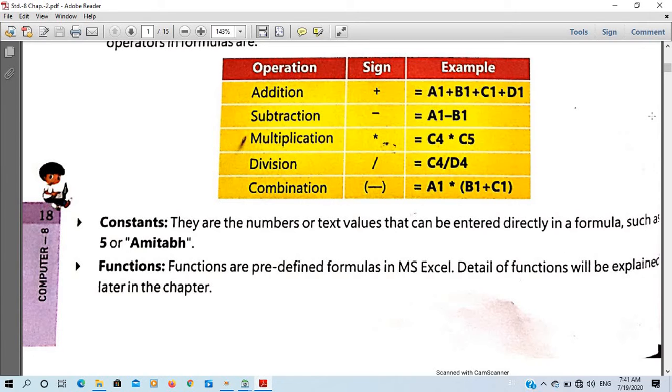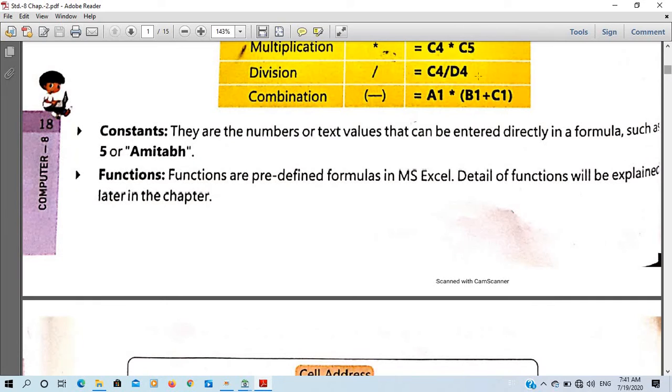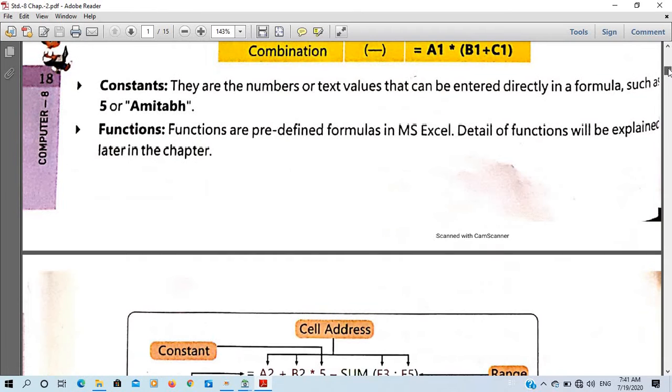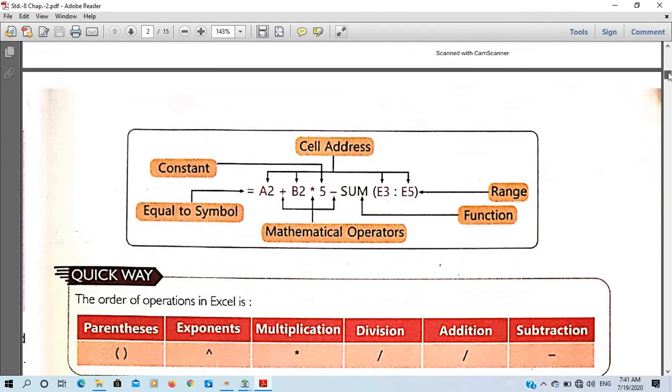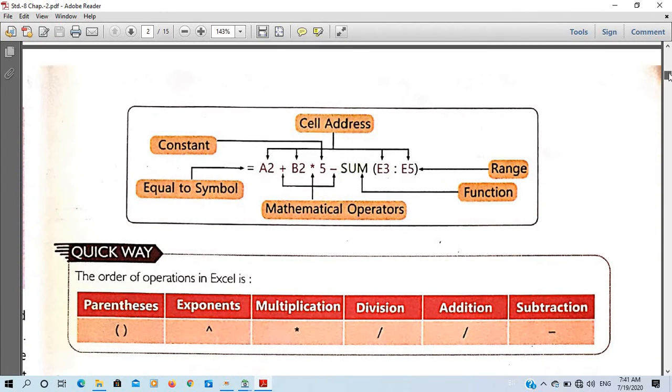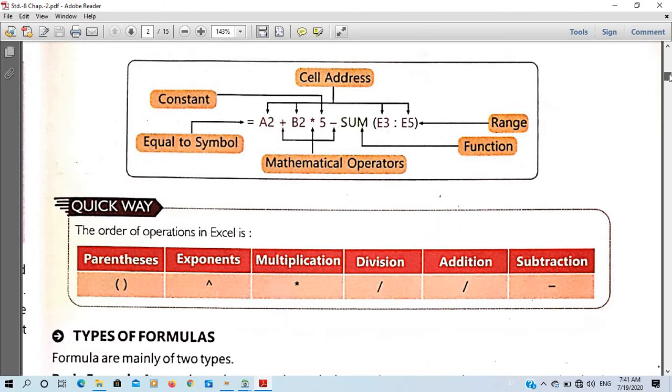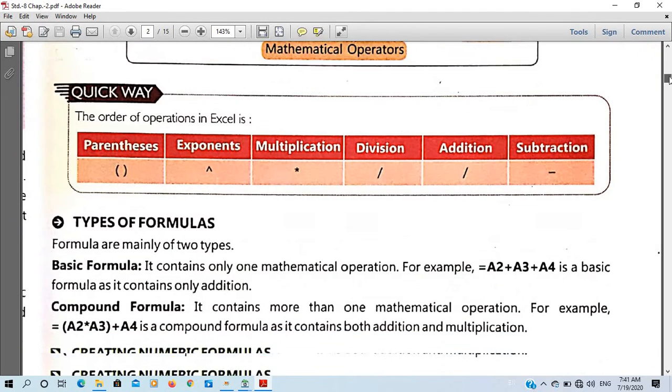And it may be also a text which has fixed value, as you can see, Amitabh. And functions are ready-made formula, means the formula that is set in the computer, and it is not made by the user, but it is made by the software developer of MS Excel. Those ready-made formula are known as function.